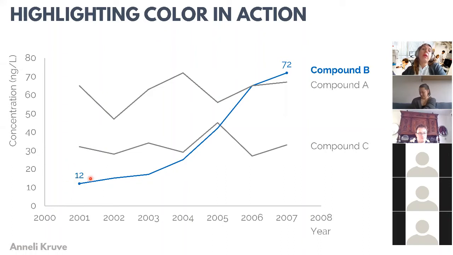So for example, maybe we want to show how much the concentration of compound B has increased over time. It started with 12 nanograms per liter, but now it is 72. So we can highlight the start and we can highlight the end.